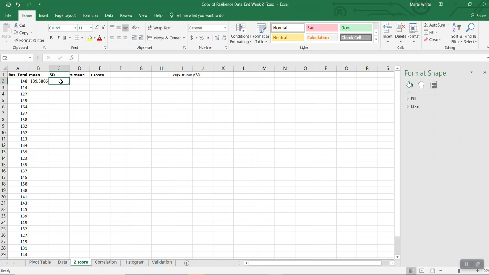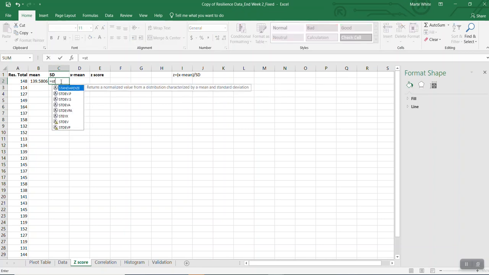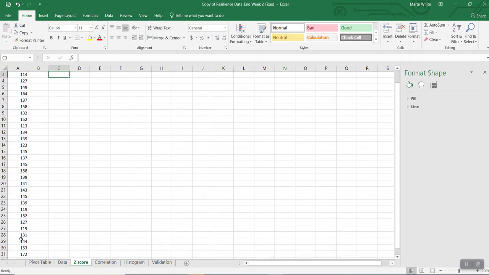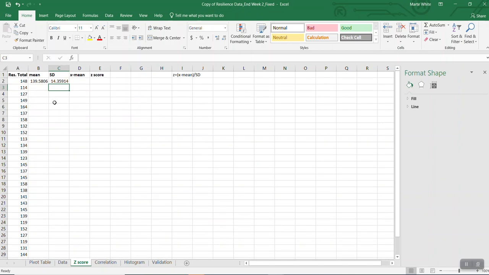I also want my standard deviation, so equals STDEV, and I want the S for sample. I'm going to highlight those again. Enter. So one standard deviation is 14, so that would mean the mean plus 14 is one standard deviation above the mean.